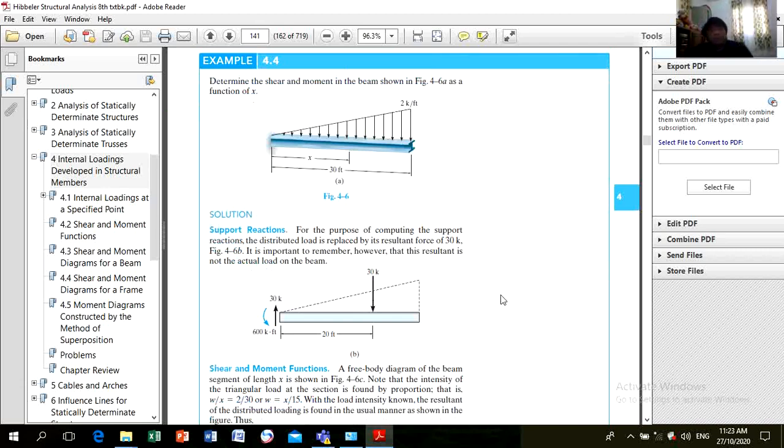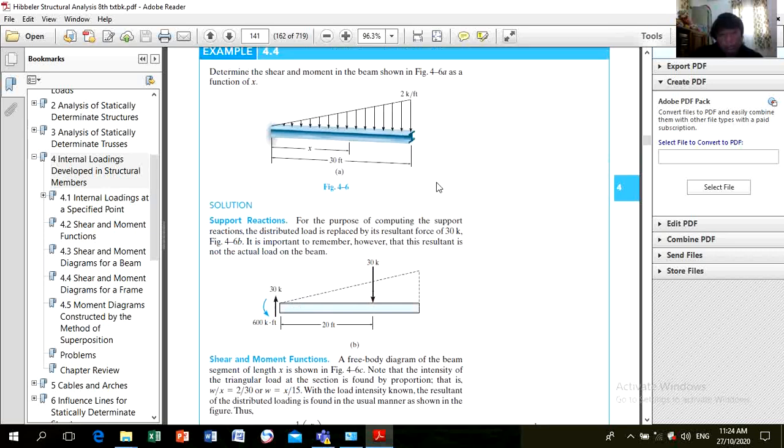So these two are important to check whether we are correct or wrong. Let's have example. So determine the shear and moment in the beam as a function of x. So here we need to determine or create certain functions that will represent the shear and moment. Okay? Here it's simply continuous distributed load. Although it's triangle but it is continuous, so we will have only one function.